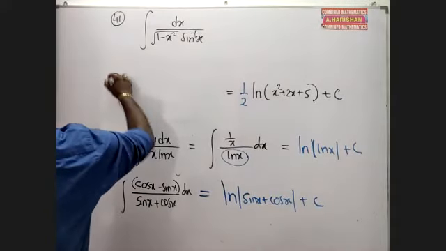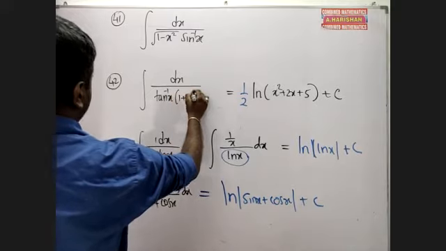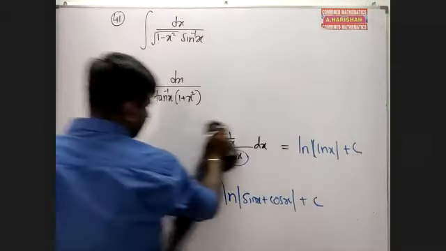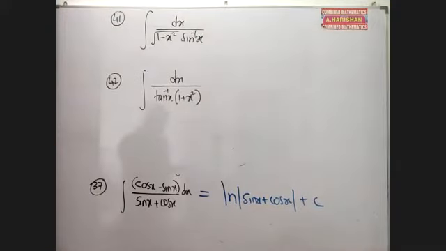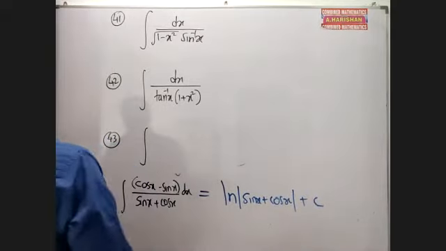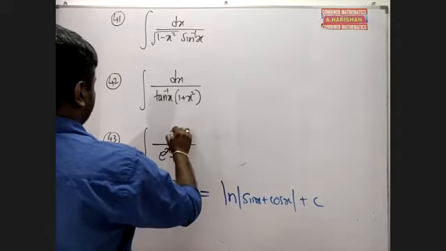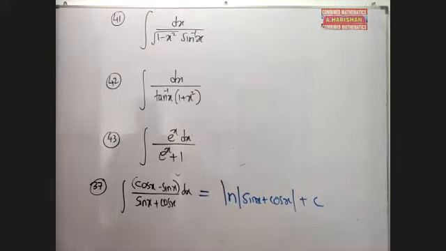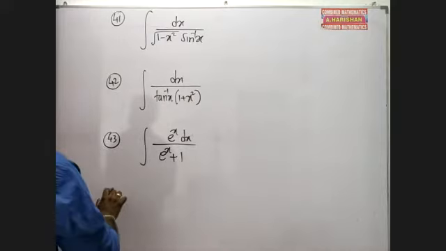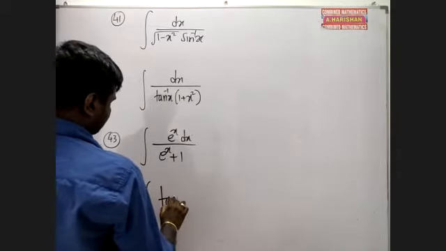Integral dx over tan inverse x into 1 plus x squared. 43, integration of e to the power x over e to the power x plus 1, dx. 44, then I can tell you something, tan x dx.